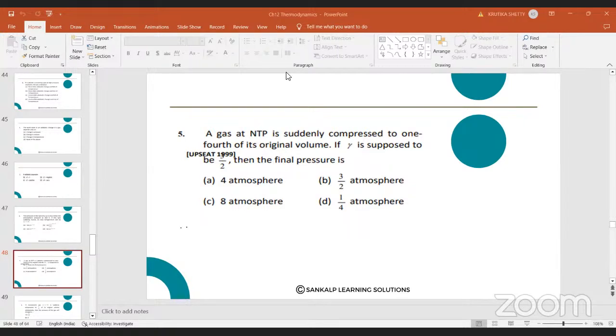So here how we can do this one: V2 is equal to 1/4 of V1, PV to the power gamma is equal to constant, that is P2 divided by P1 equal to V1 by V2 raised to gamma, which is equal to V1 by V2 to the power 3 by 2.